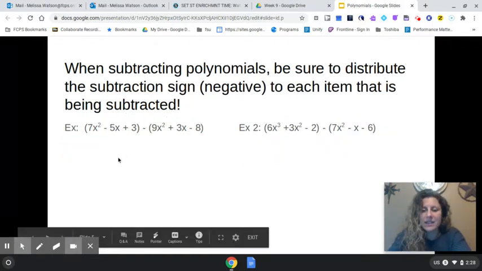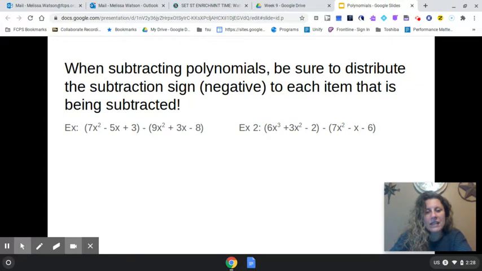Okay, these next examples are very similar to the last, except these are subtraction examples rather than addition examples. So what we need to make sure is that we are subtracting every item in the second polynomial from the first. So the easiest thing to do is to distribute the negative sign so that you don't confuse whether we're adding or subtracting as we move through.